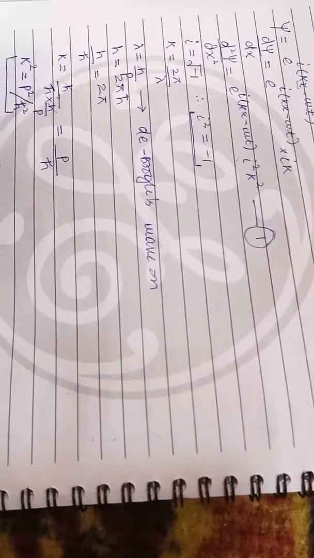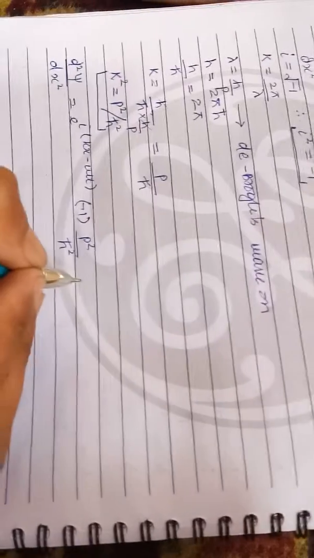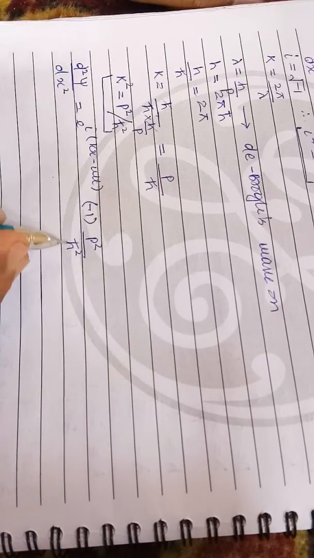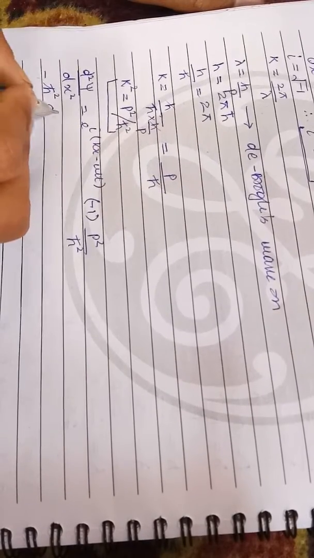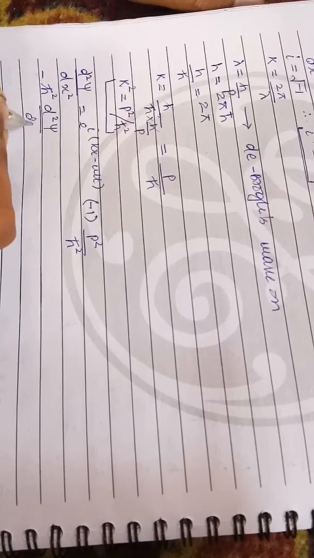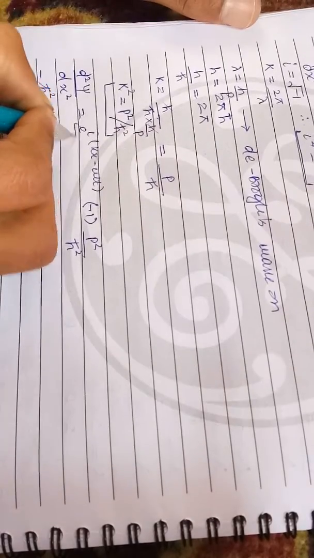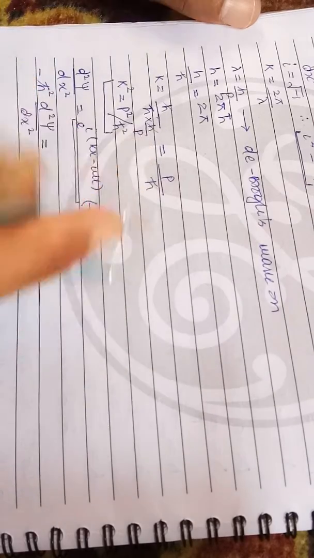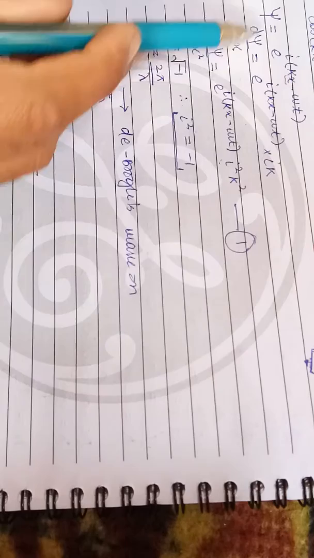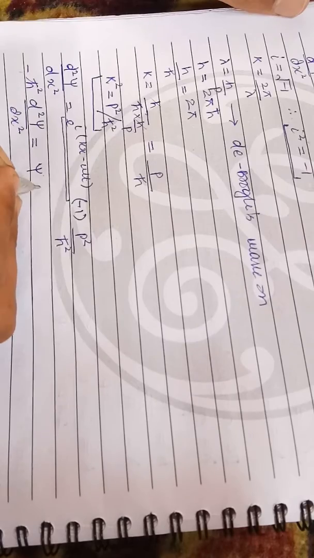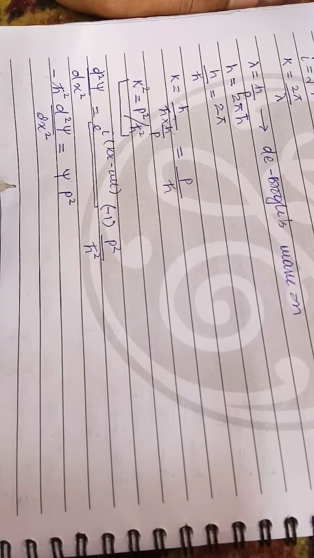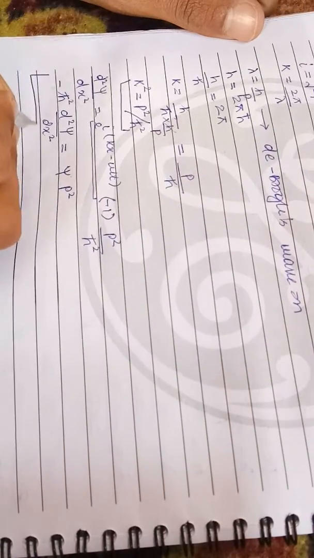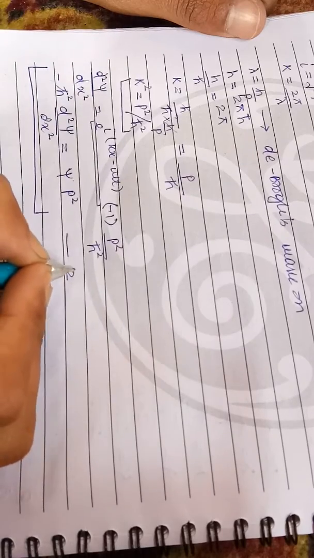Now transfer this minus and h bar square over here, I will get minus h bar square d square psi by dx square equal to, I know, e raised to i kx minus omega t, which is equal to psi over here. Therefore I will write psi into p square.